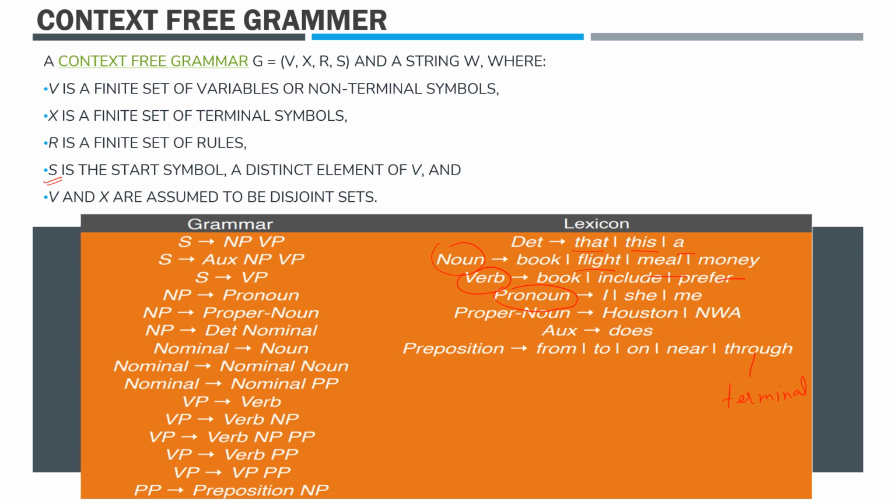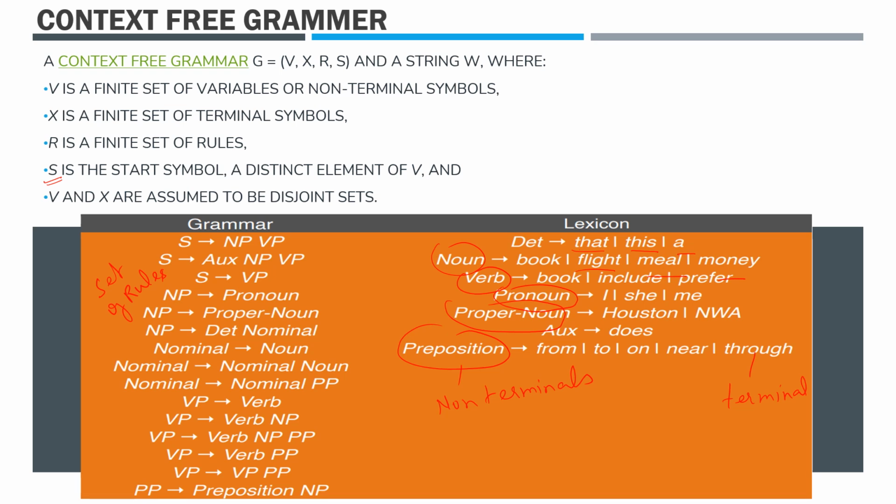So I can have a rule going from non-terminal to non-terminal or non-terminal to terminal.